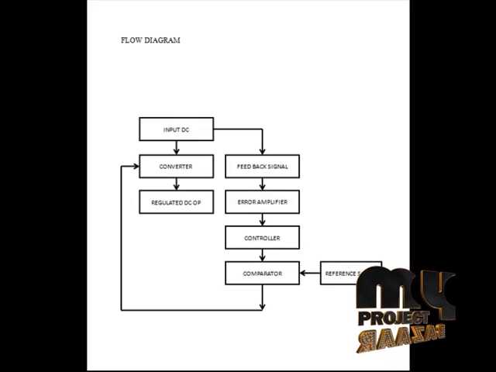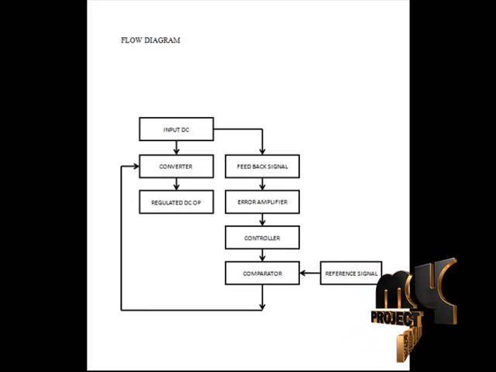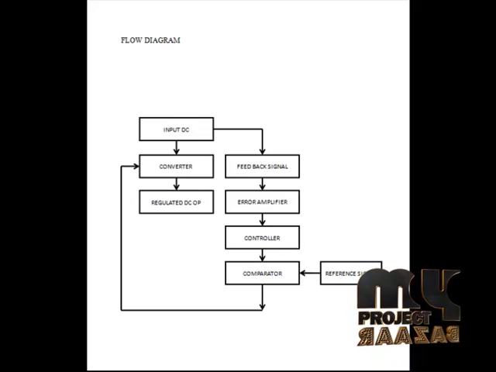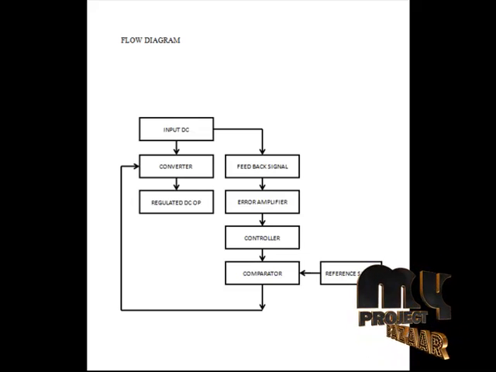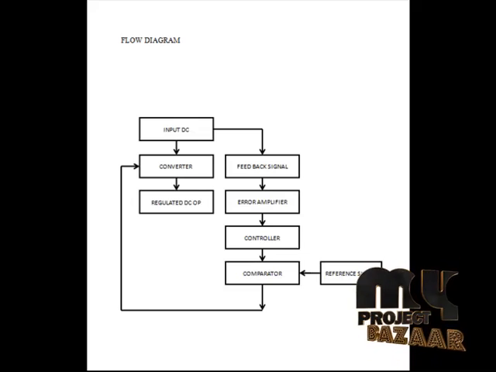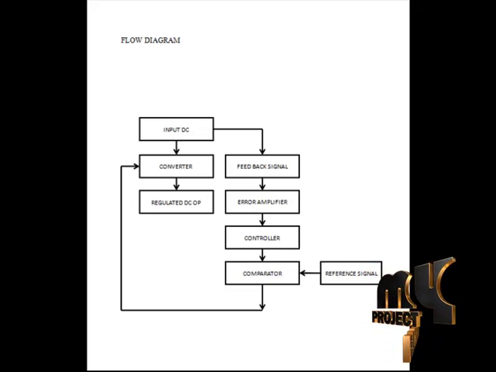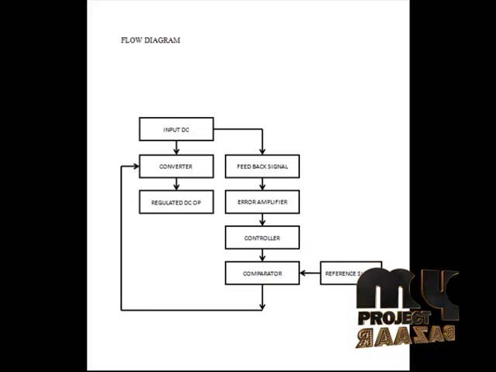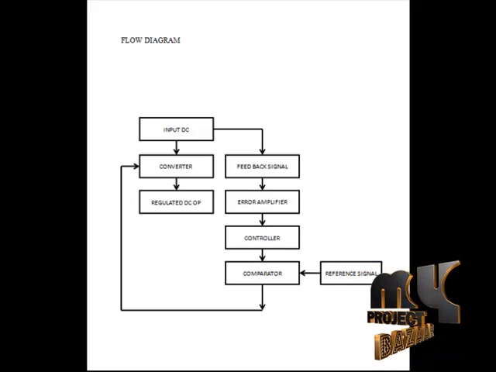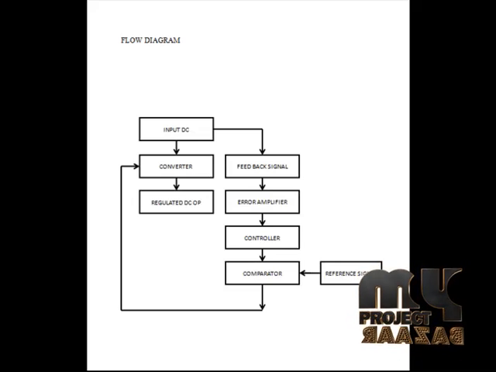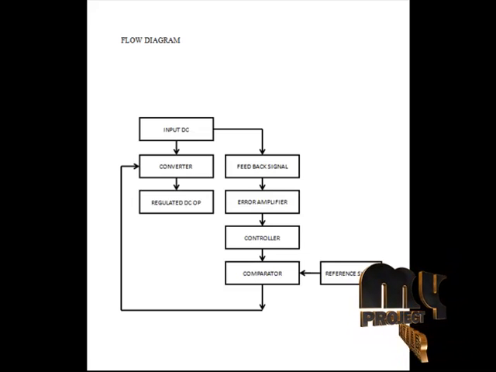In the controller stage, it gets the error amplifier signals and provides controlled signals to the comparator input stage. In the comparator, it gets the controlled signals of the error signal and compares the signal with the reference signals which are given at the other side.